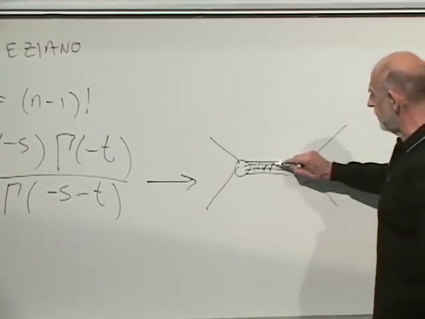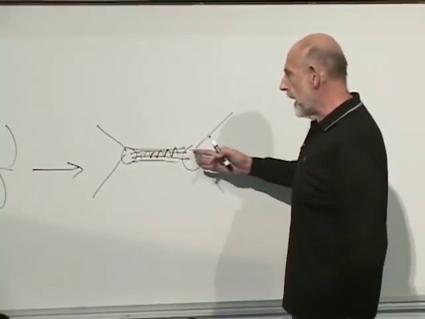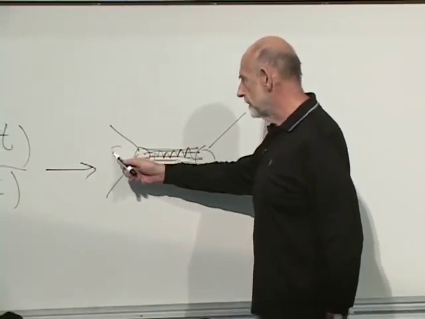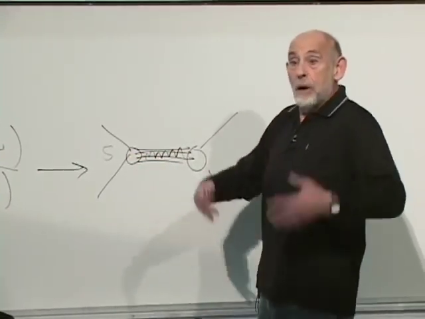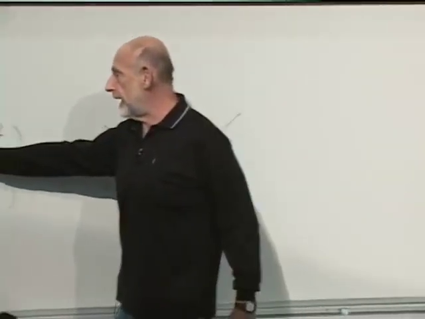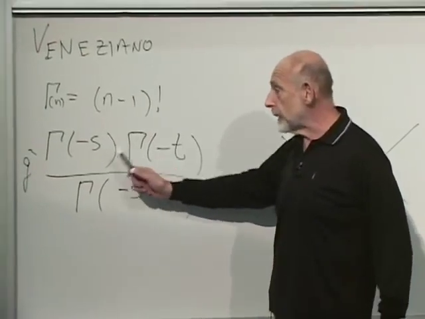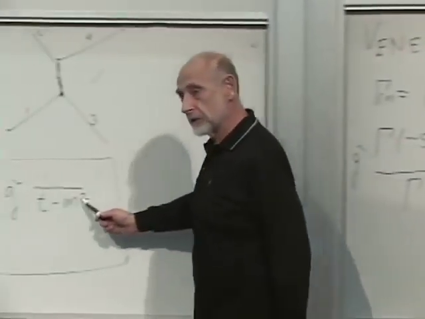This is representing some composite particle or some particle that could be in there of different masses in the S channel. But it also looks like, notice that it's symmetric. It's symmetric with respect to S and T.